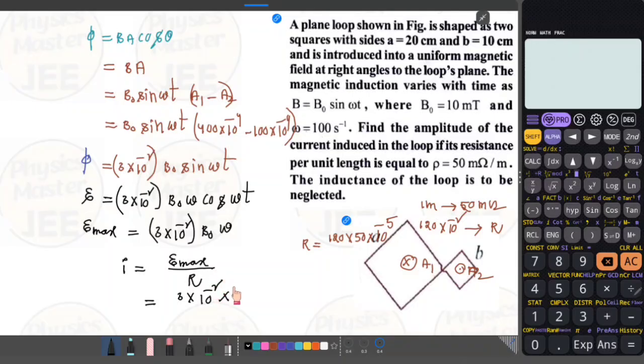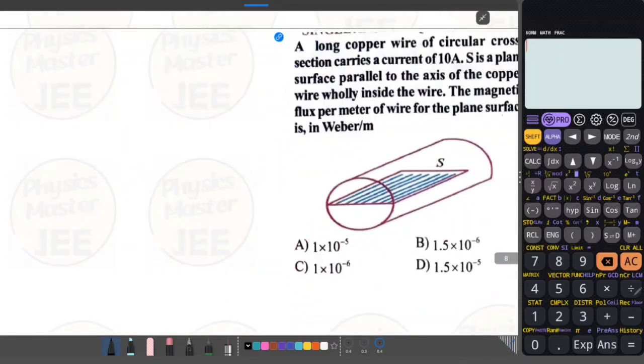What is B naught here? 10 into 10 power minus 3, into omega is 100, divided by R, which is 120 into 50 into 10 power minus 5. This 10 power minus 5 will cancel. If you do it, you will get 0.5. That's the answer for this, right?